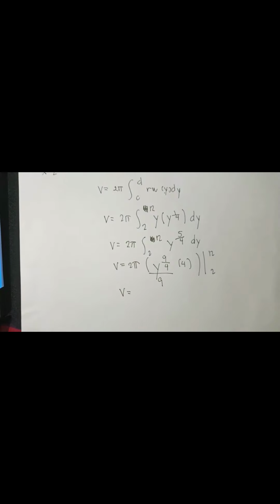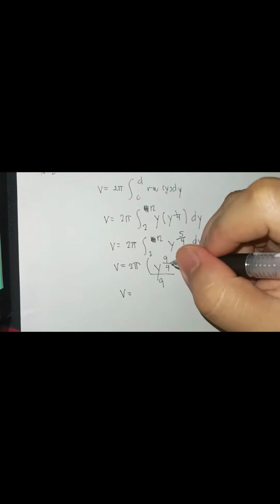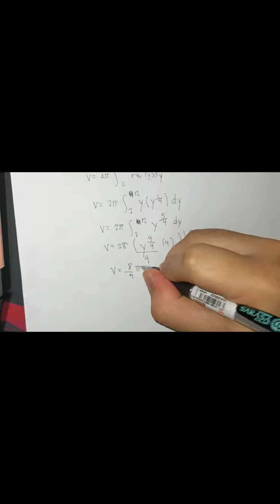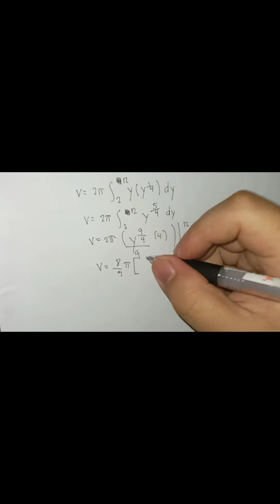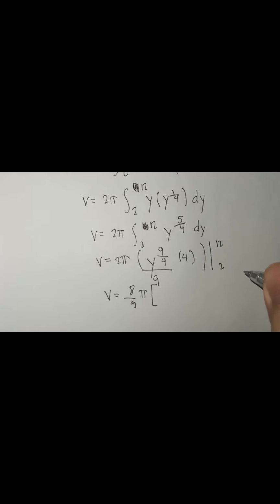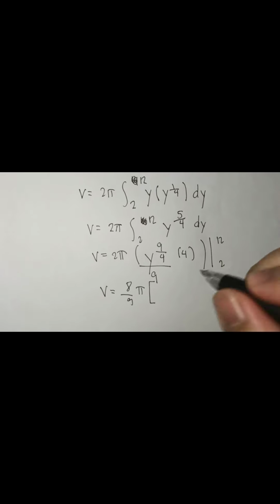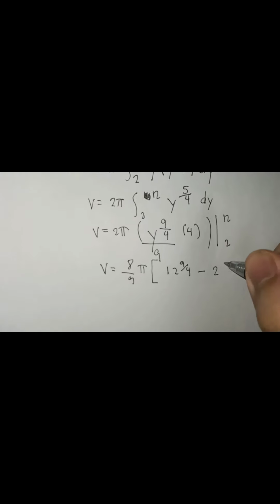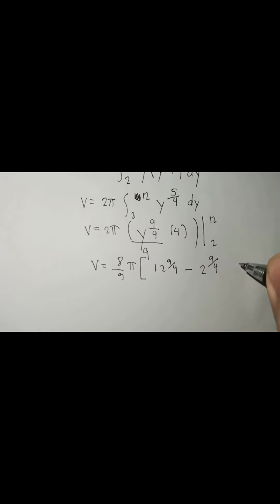And after that, 2 times 4 over 9 will become 8 over 9 pi, times, then we transfer the 12 and the 2 here: 12 raised to 9/4 minus 2 raised to 9/4, close parenthesis.